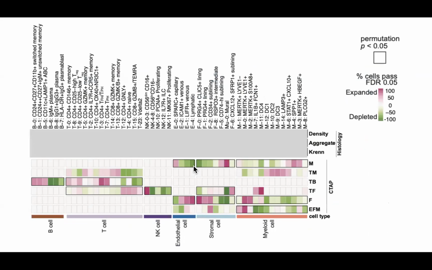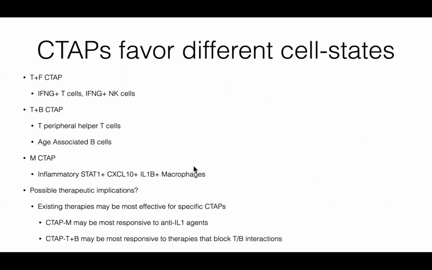We can keep going. And for every cell type, we can see which cell states are relatively expanded in these different tissue phenotypes. So CTAPs actually favor different cell states. So it's not just that some of these CTAPs have more T cells and B cells, they have different types of T cells.